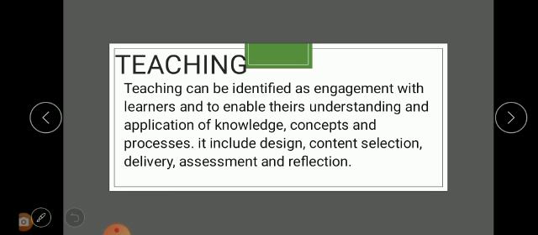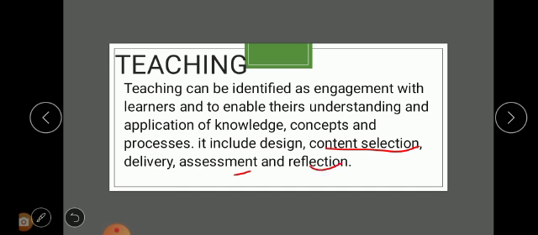And then teaching. Teaching can be identified as engagement between teacher and learner, to enable their understanding and application of knowledge, concepts, and processes. Teaching includes design and content selection or material, the process of delivering material or presentation, and then there will be assessment and reflection.